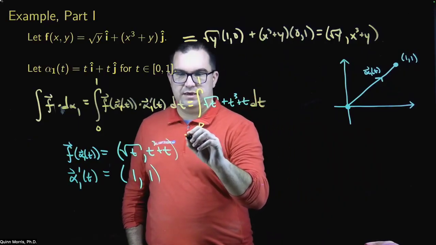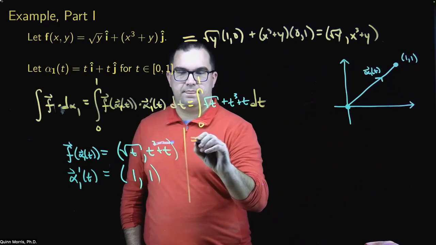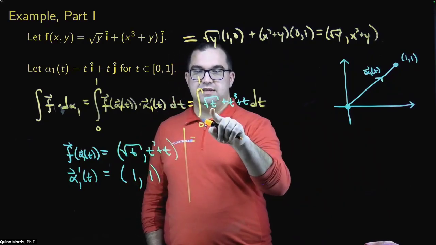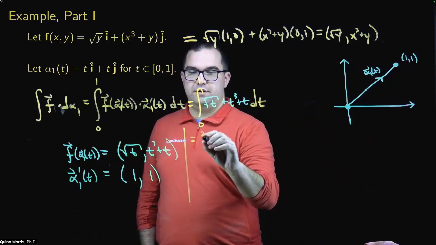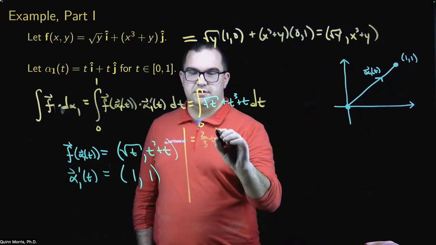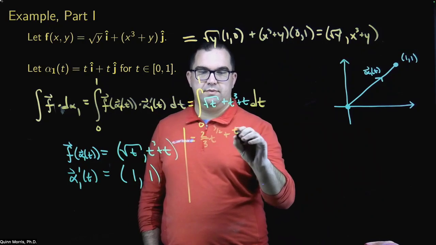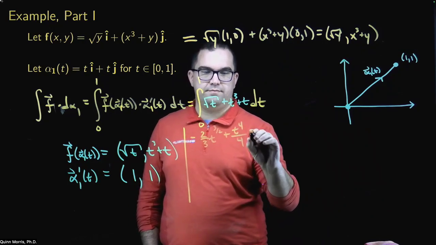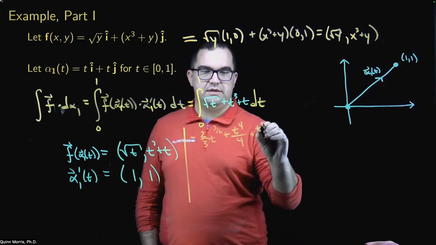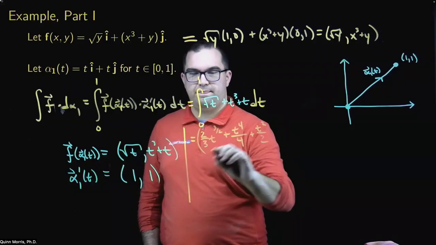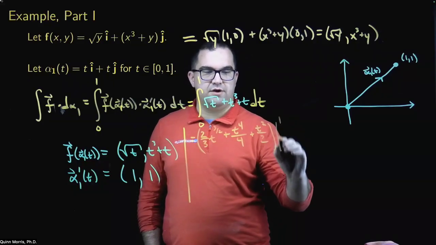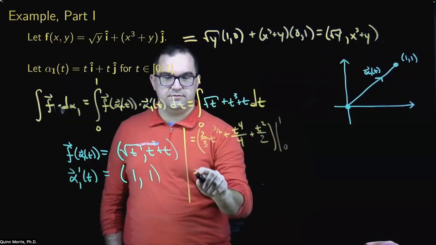So let's see here. This is t to the 1/2, so the antiderivative will be 2/3 t to the 3/2, plus the antiderivative here will be t to the fourth over 4, and the antiderivative here will be t squared over 2. And we're going to take all of this, evaluate at 1 and 0, and take a difference.